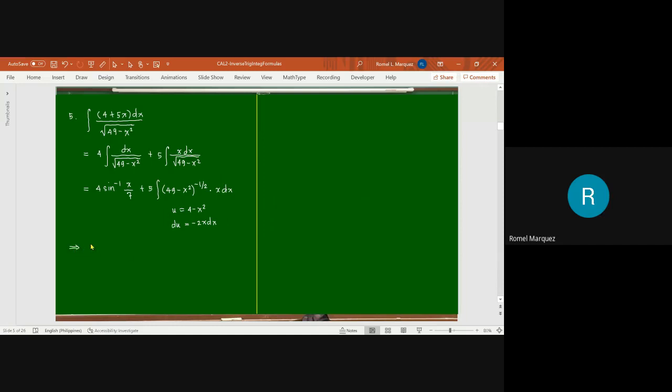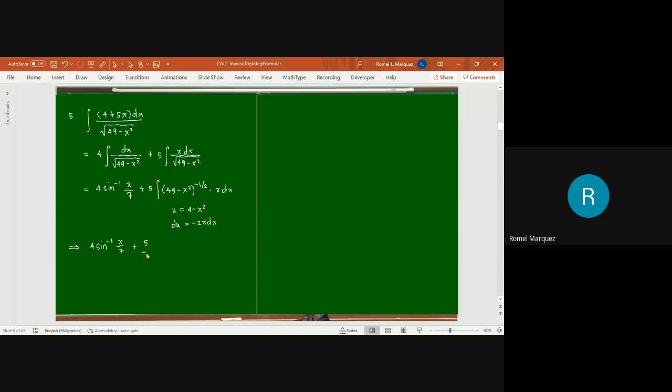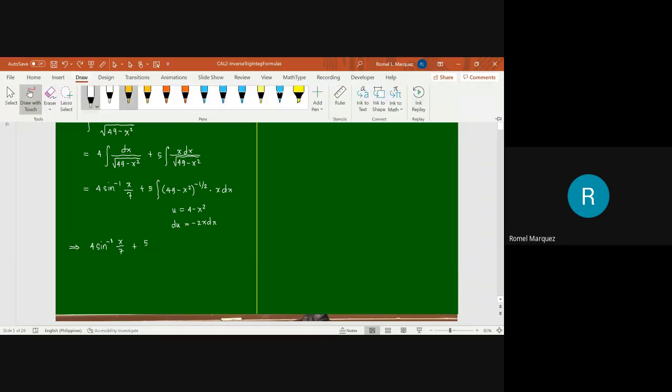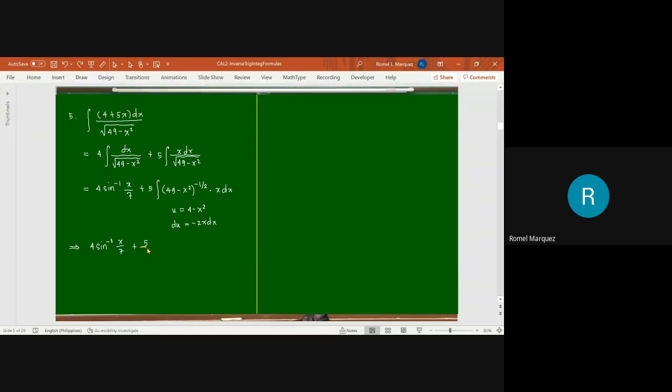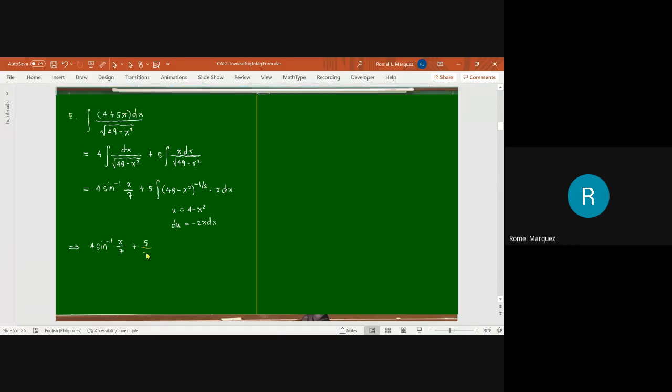So we have 4 inverse sine of x over 7, and then plus 5 times. What are you going to put inside, guys? Negative 2, no? So balance outside by negative 1 half.